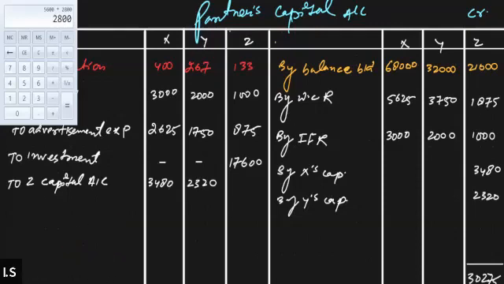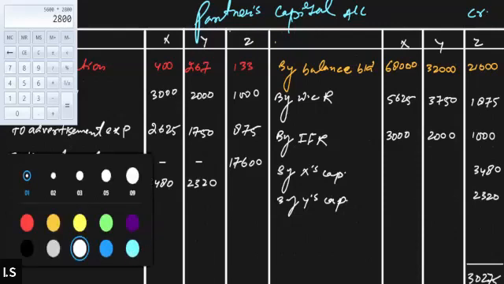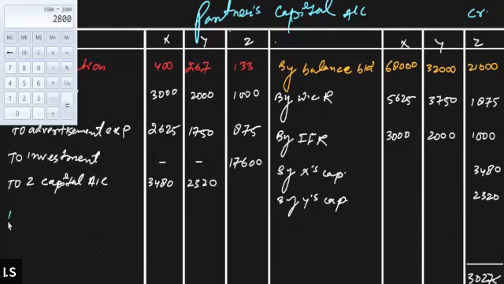So let's do that. First of all, we'll pay by cash. So to cash account 5067. Then we will issue a negotiable instrument, bills payable.